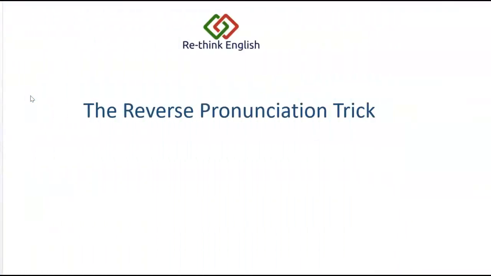The reverse pronunciation trick is a simple trick that you can use with no assistance from the internet or a textbook or anything else. And the trick is exactly what it sounds like. We are going to reverse our pronunciation of a specific word, usually a long word or a difficult word.